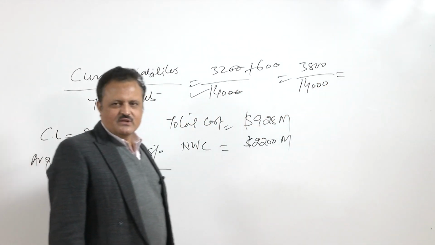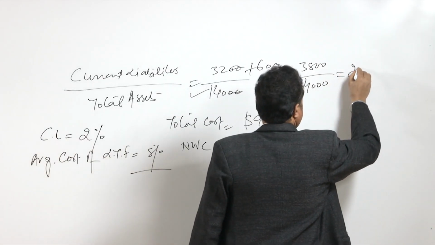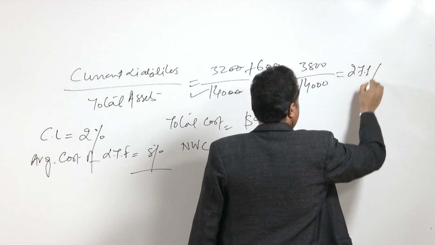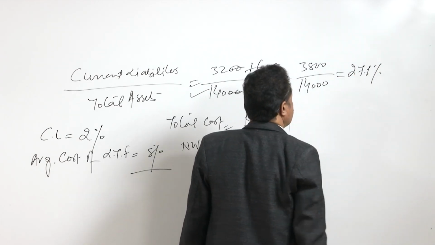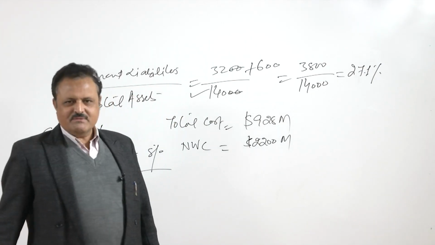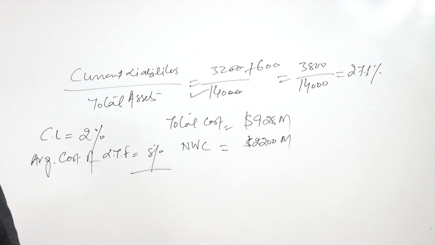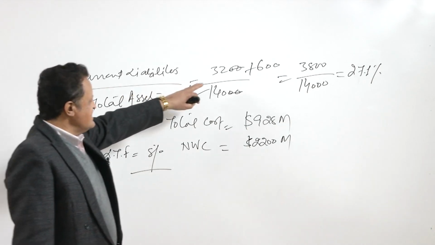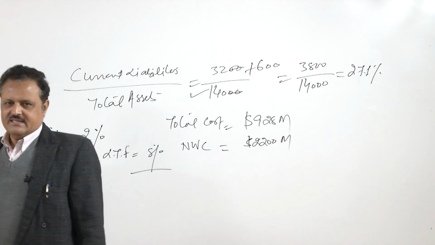If you calculate the new ratio here, it is 27.1%. We have increased the funds coming from short term sources, the level of current liabilities, which was earlier 3,200, now 3,800, with total assets remaining the same at 14,000.